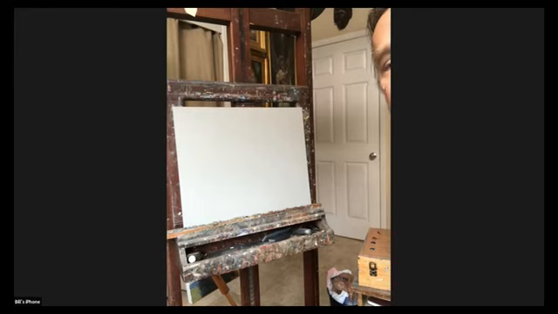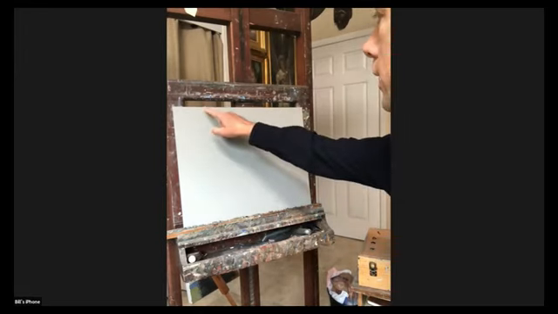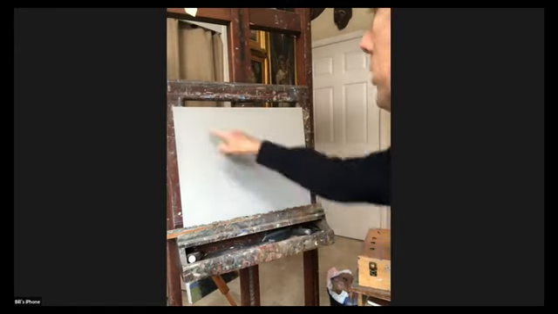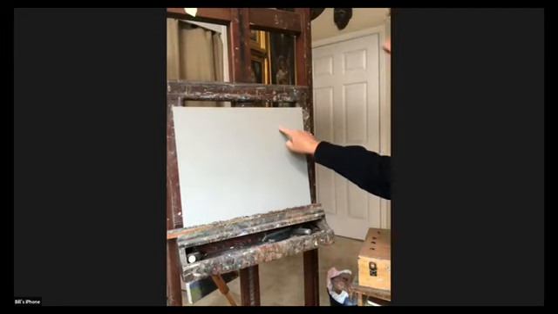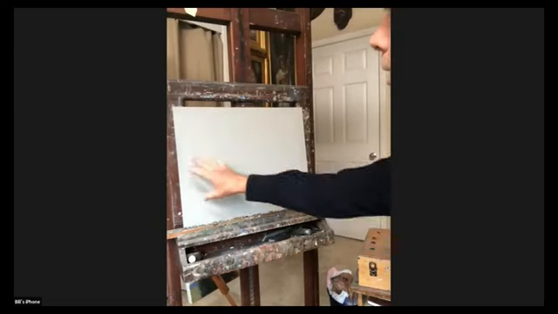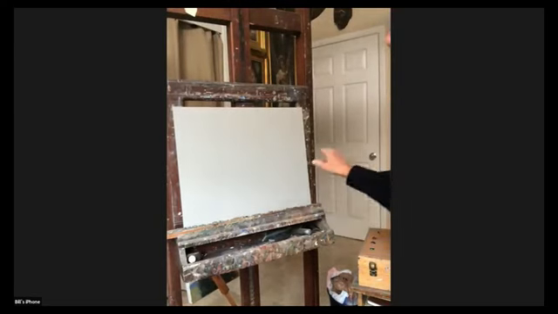So you want the viewer to stay in the center of the painting. So that's where you're going to have the most contrast. You would imagine this in thirds going both ways. And so you try to have everything of interest in this section right here of the painting. You could have stuff off to the side, but you don't want the eye to go off to the side.